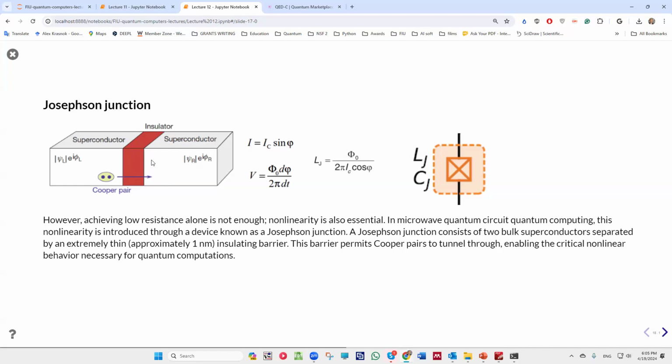And this process turns out to be very nonlinear. If you make a device like this, and you excite this device with just one electron, then this excitation affects these processes very much.